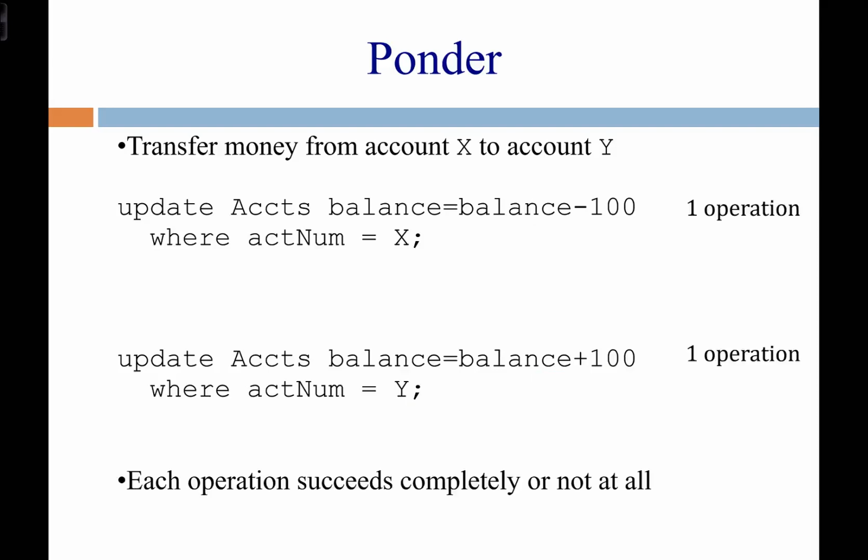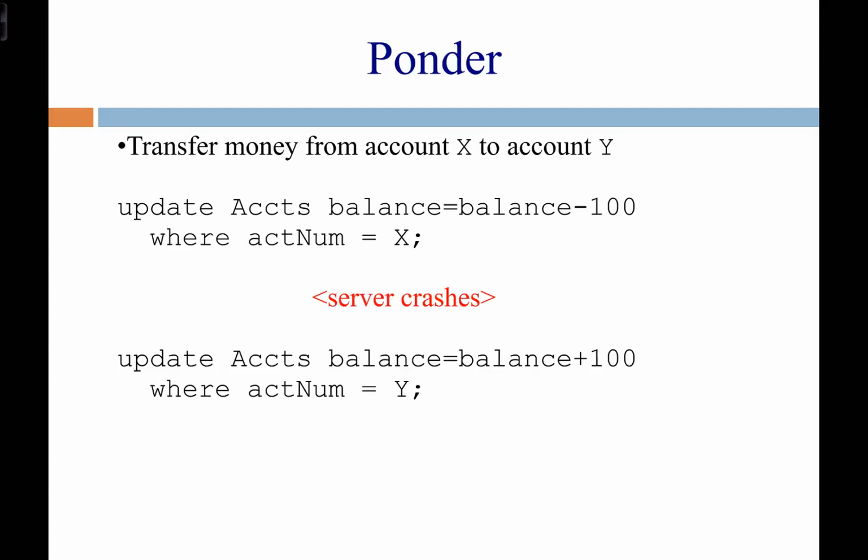And each of these two things is one individual operation, so each of them separately will either completely fail or completely succeed. So what happens if something goes wrong in between these two operations?